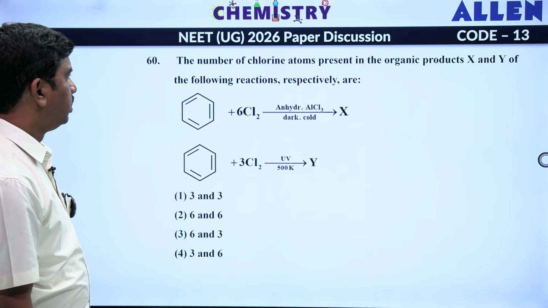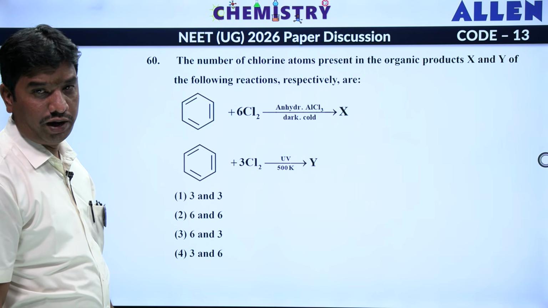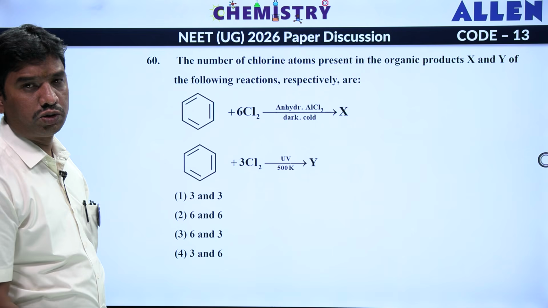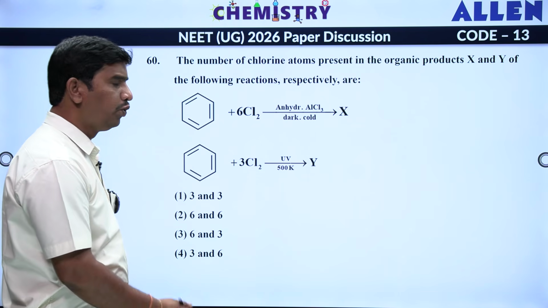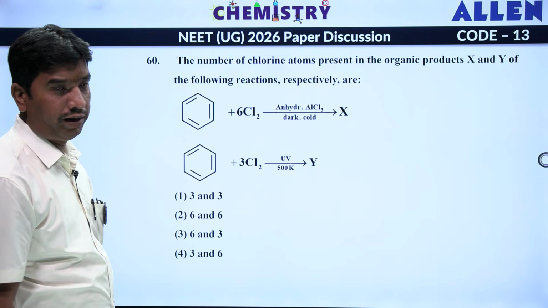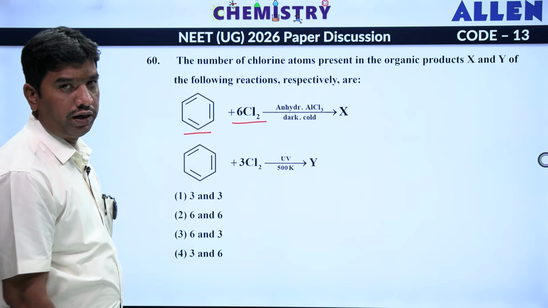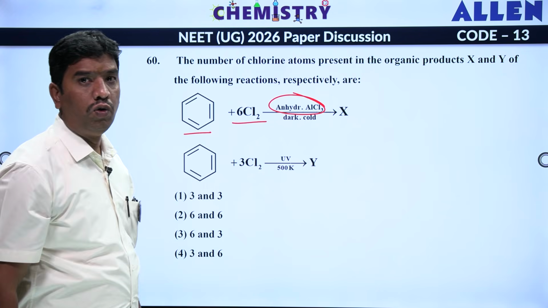Next one. This is one of the questions from the hydrocarbon chapter only, and in second year, alkyl halides and aryl halides also, we get this same equation. Anyhow, you people learned this equation in first year only. When benzene reacts with 6 moles of chlorine in presence of anhydrous AlCl3, this is a Lewis acid.